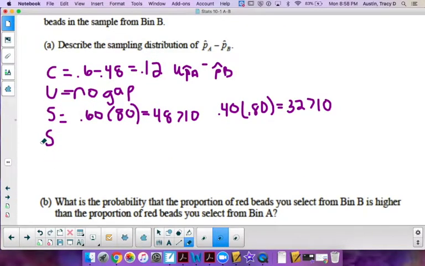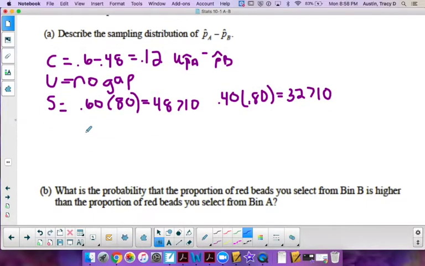Okay, and now we need to do the other piece. So the other one has 48%. So 48% of 80, let's see, that's going to be 40 minus 1.6, 38.4. Okay, and that's definitely bigger than 10.